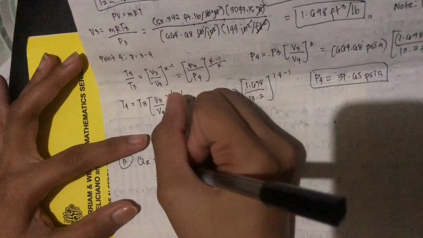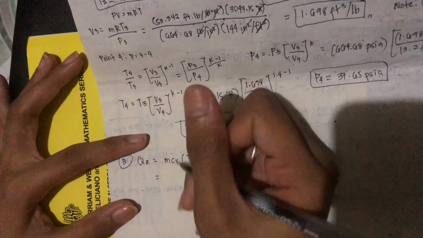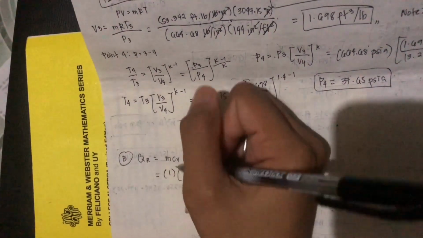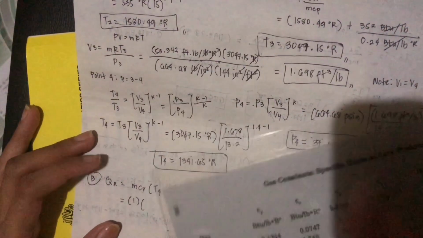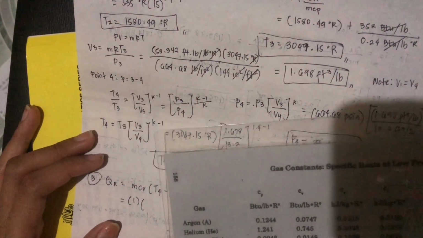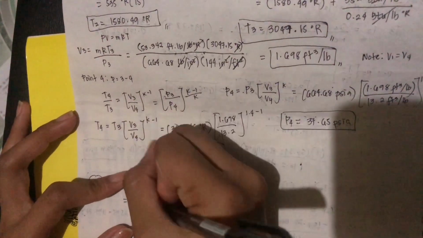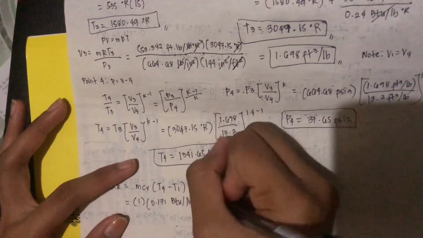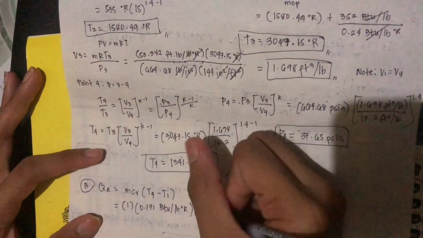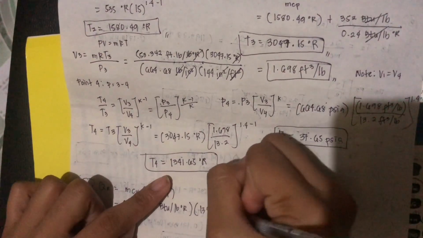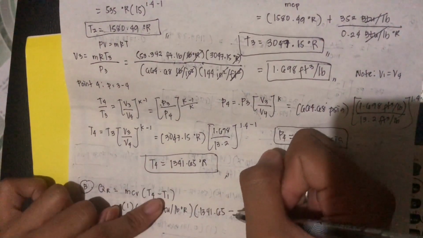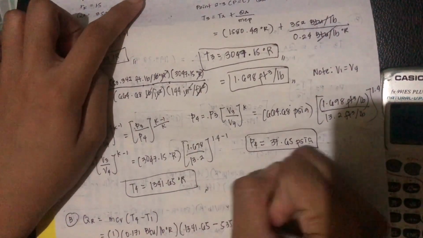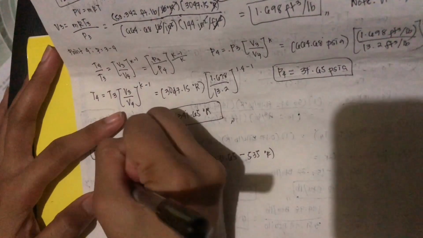Our mass we just assume to be 1. Then our Cv for air is 0.171 BTU per pound Rankine. Then our T4 is 1341.65 minus our T1, which is 535 Rankine. So calculate QR.